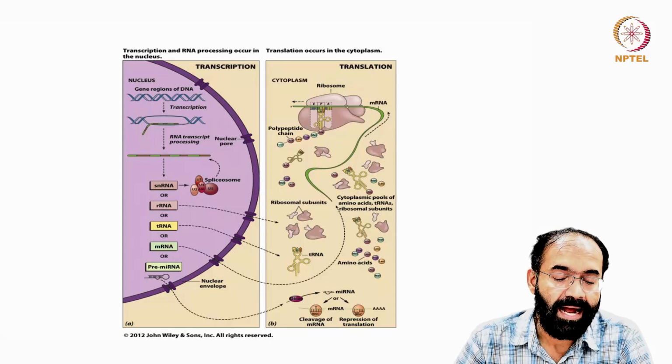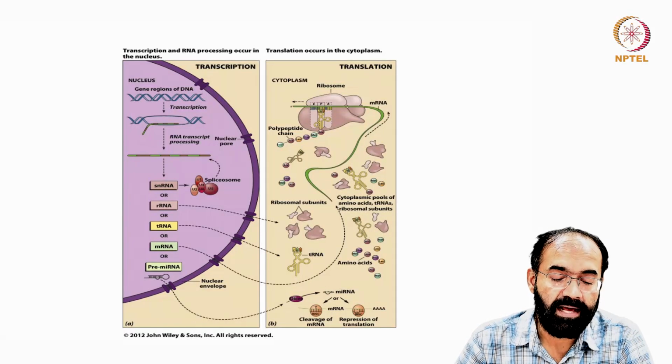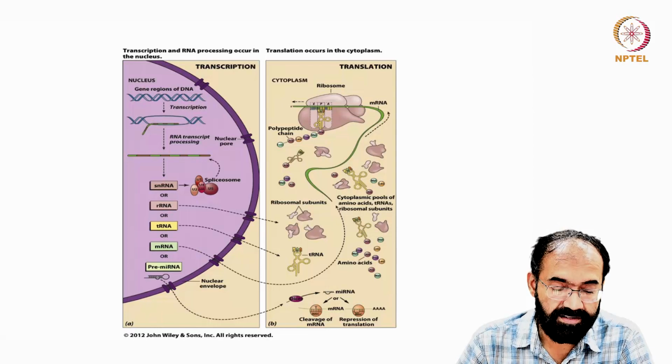This antisense strand acting as a template makes a copy of the RNA with the help of DNA-dependent RNA polymerase, and now this RNA is identical to the sense DNA strand.